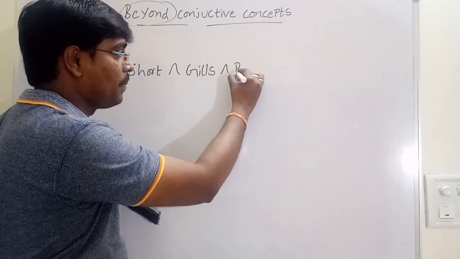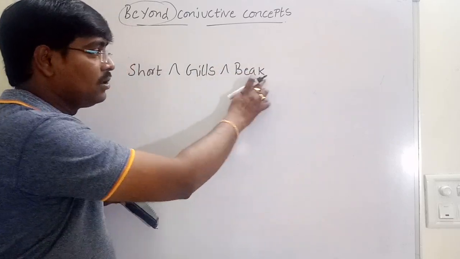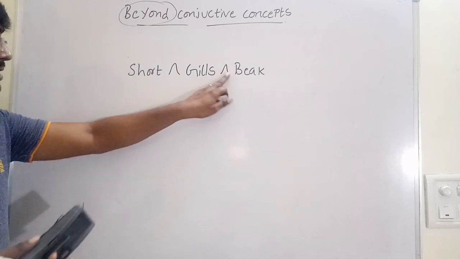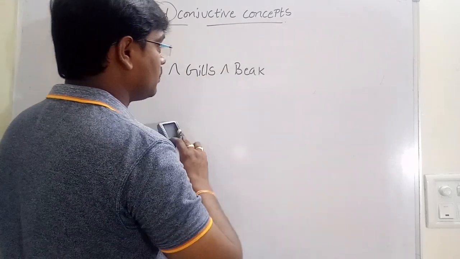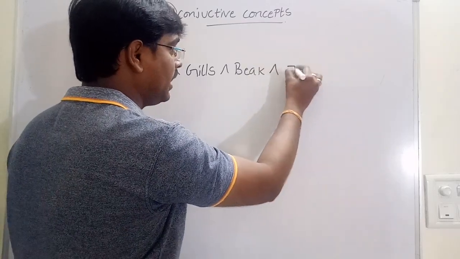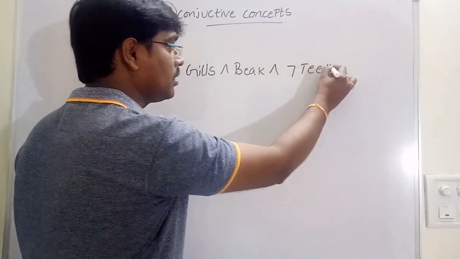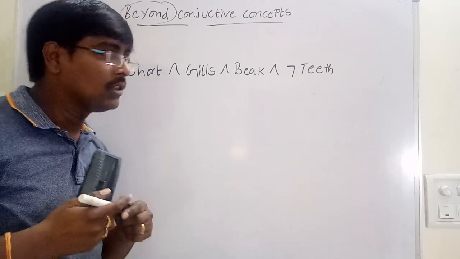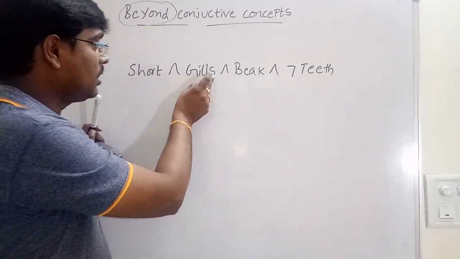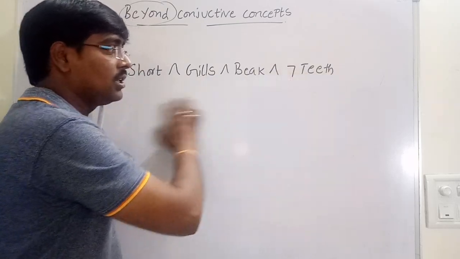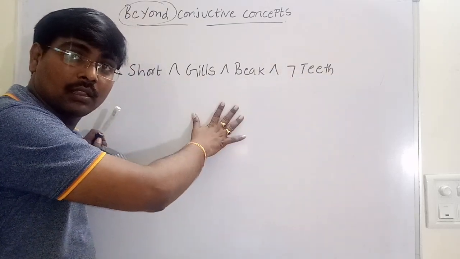And bake, what is the value? Bake is equal to s. And negation teeth. Just an example, whether or not it covers the positive examples, just for representation: short, gills, bake and negation teeth.